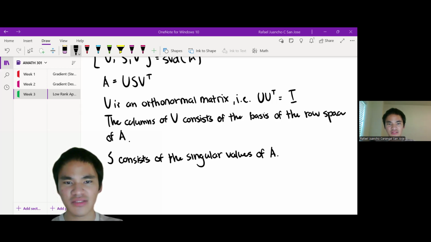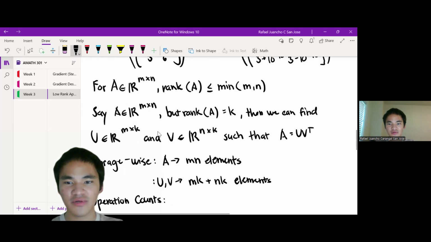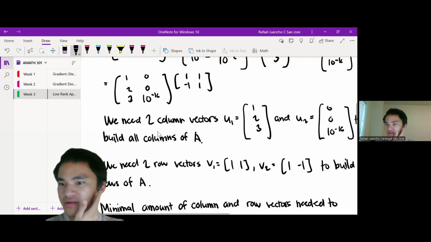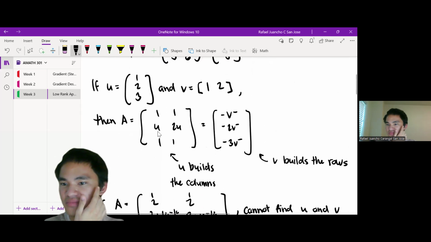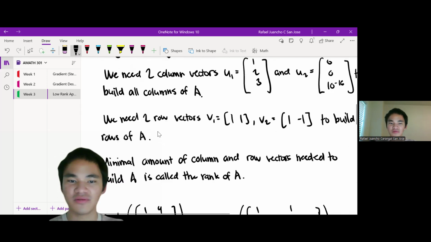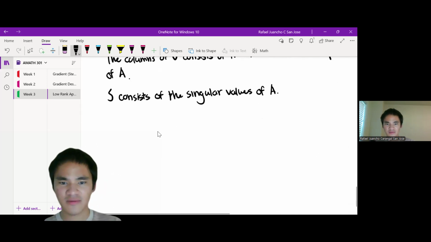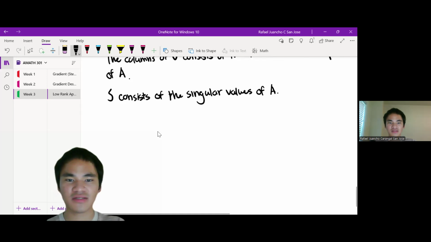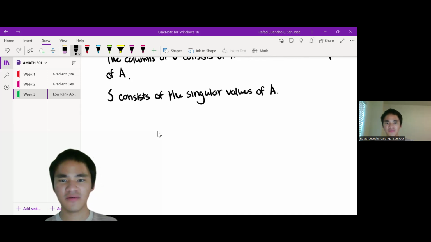Did I talk about basis in any way? I only used it for building and stuff. I never really talked about basis. But here it says S consists of the singular values of A.